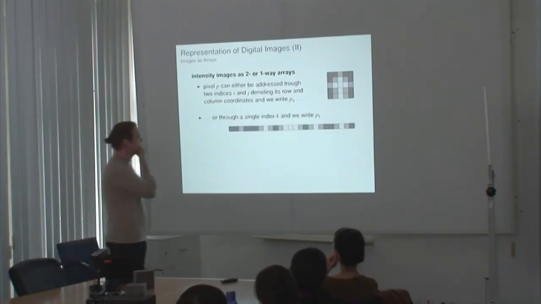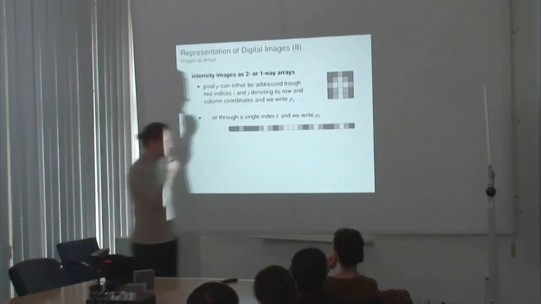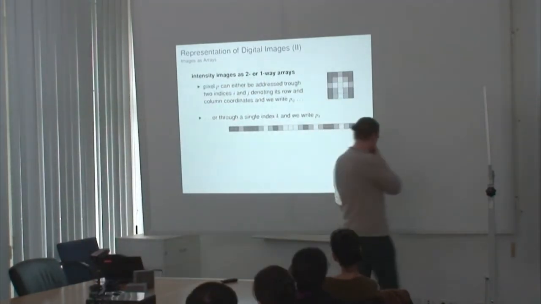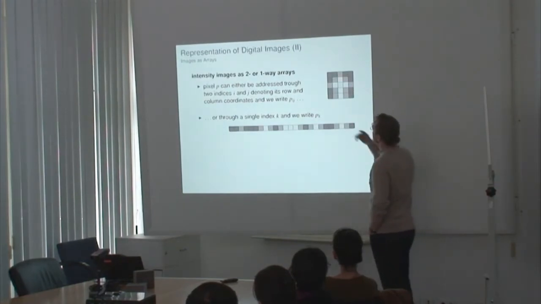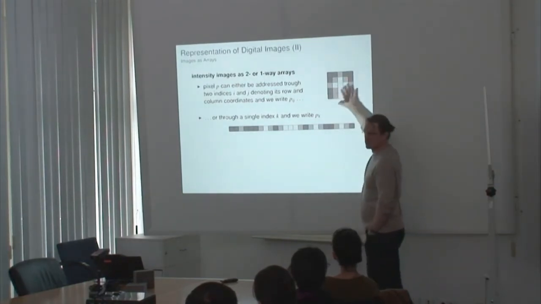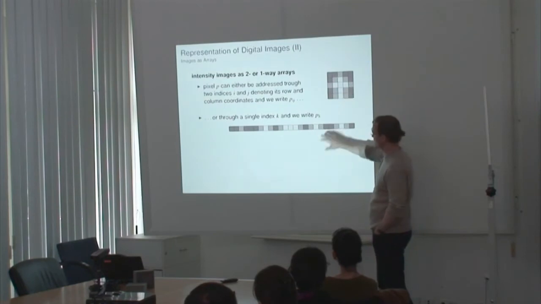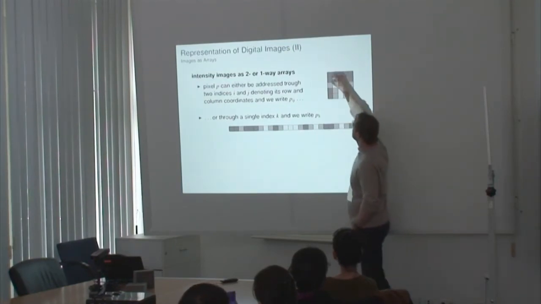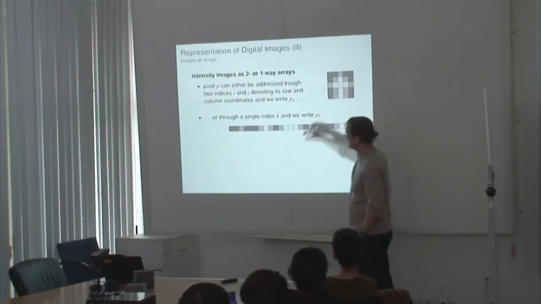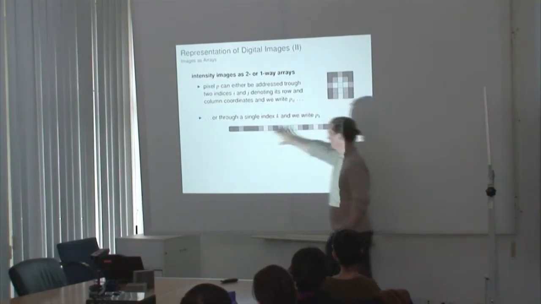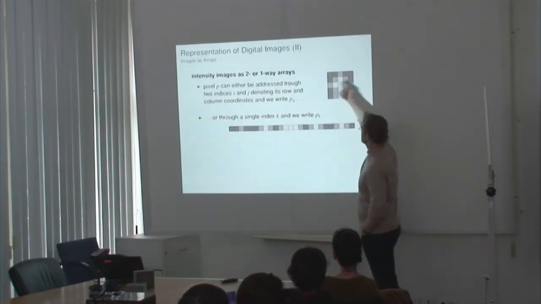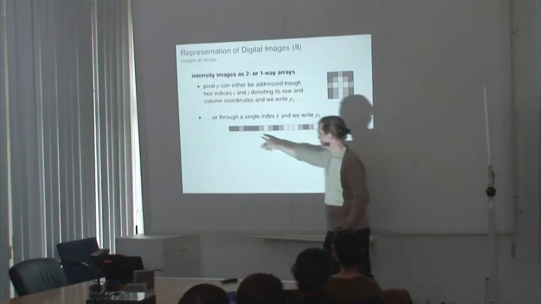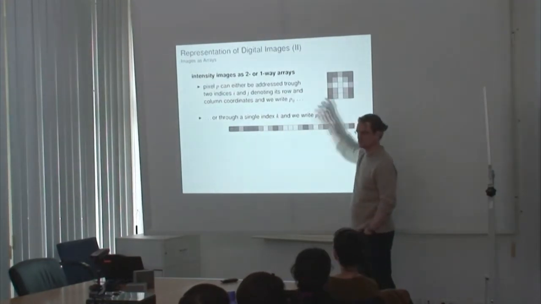But think of this. What did I do here? We can vectorize this matrix. What I have done here is that I've basically taken the first row, which gives me the first 5 elements of this vector. Then I have taken the second row, and that gives me the second 5 elements of this vector, and so on and so forth.